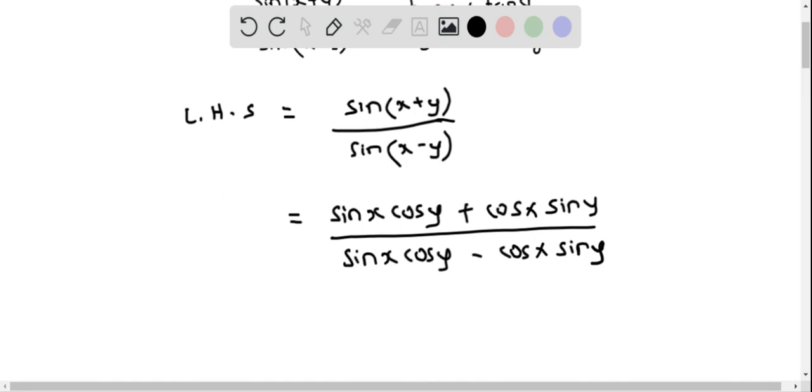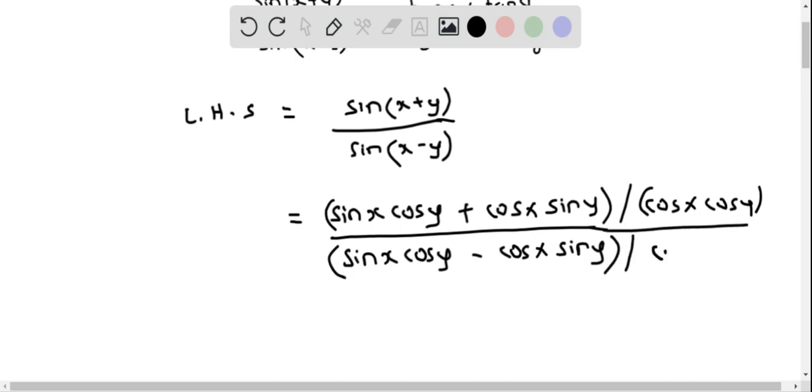The next step, I'm going to divide both the numerator and denominator by the term cos x cos y. So this is the numerator term, which I'm going to divide by cos x cos y, and the denominator term I'm going to divide by the same term, cos x cos y. Now we can rewrite both the numerator and denominator as a sum or difference of two terms.